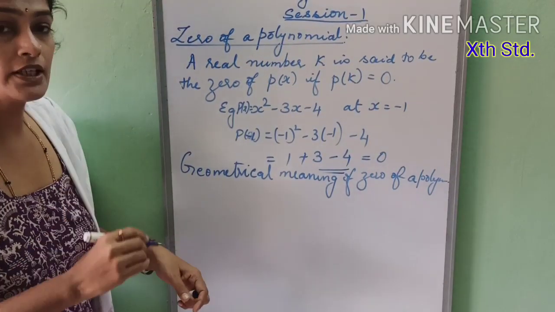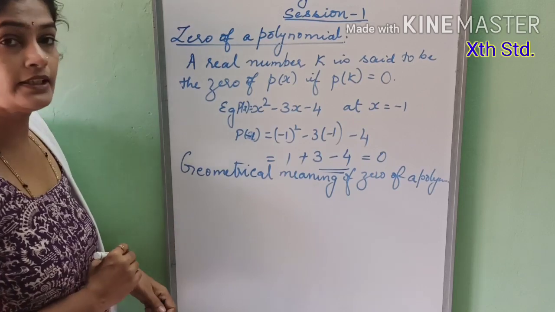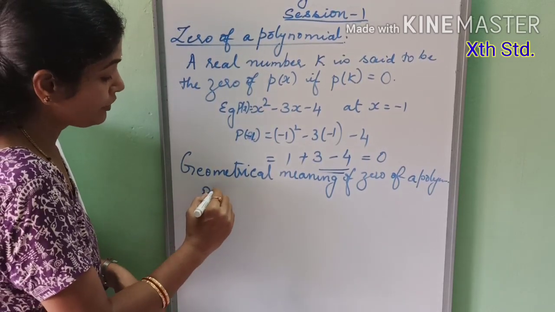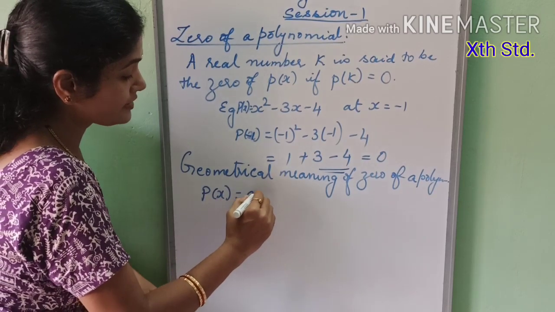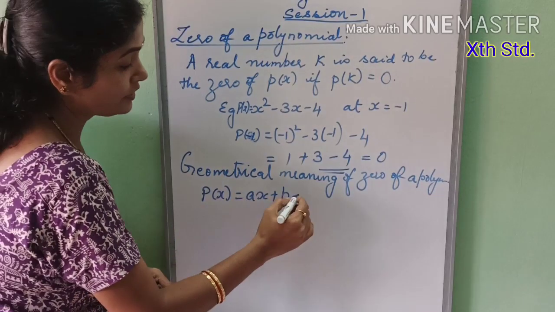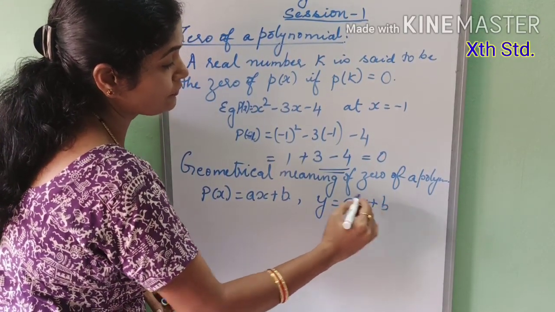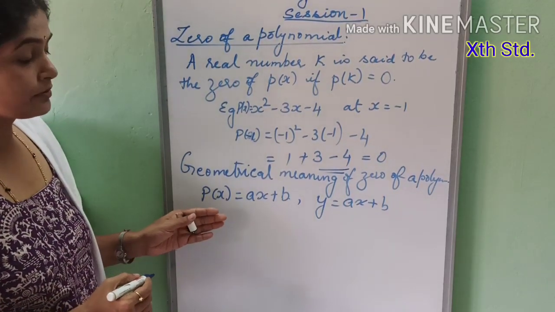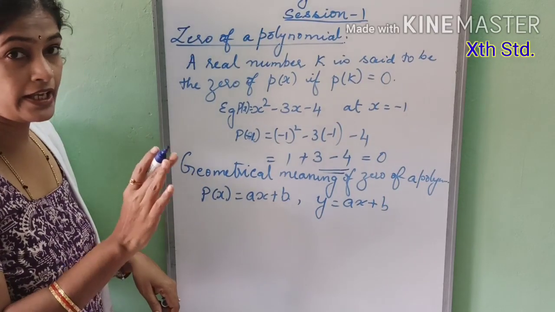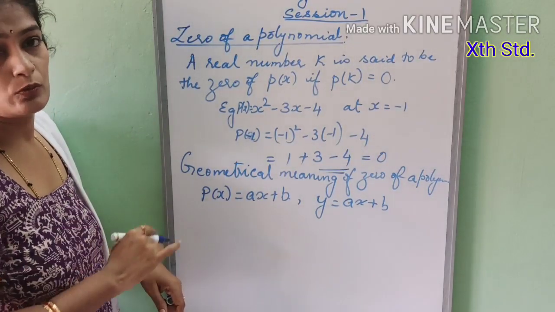Okay, consider a linear polynomial. The standard form of a linear polynomial is p of x equal to ax plus b. If you draw the graph of it, that is y equal to ax plus b, the graph is a straight line, and it intersects the x-axis at exactly one point.